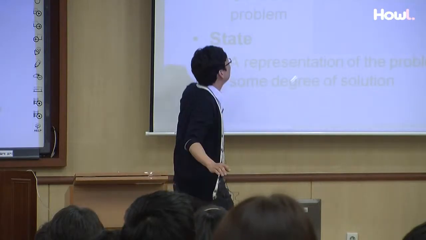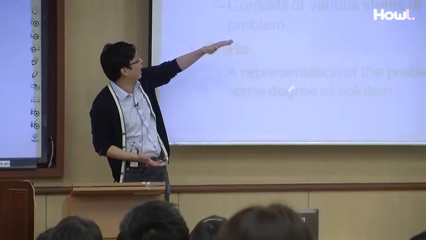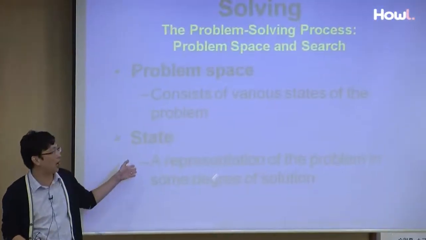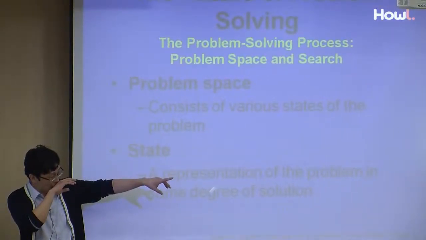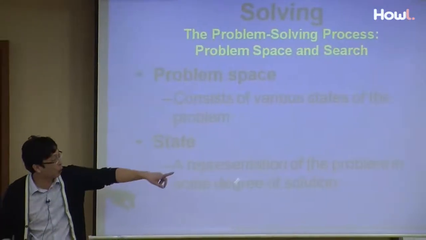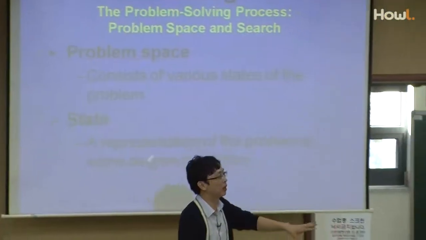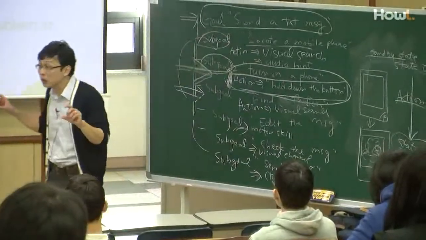So that's why this slide explains the whole problem space, what we have. And for each stage, we have to make a state representation, like what I did. I'm just using state representation with a picture, like this one. Some people use a production rule.